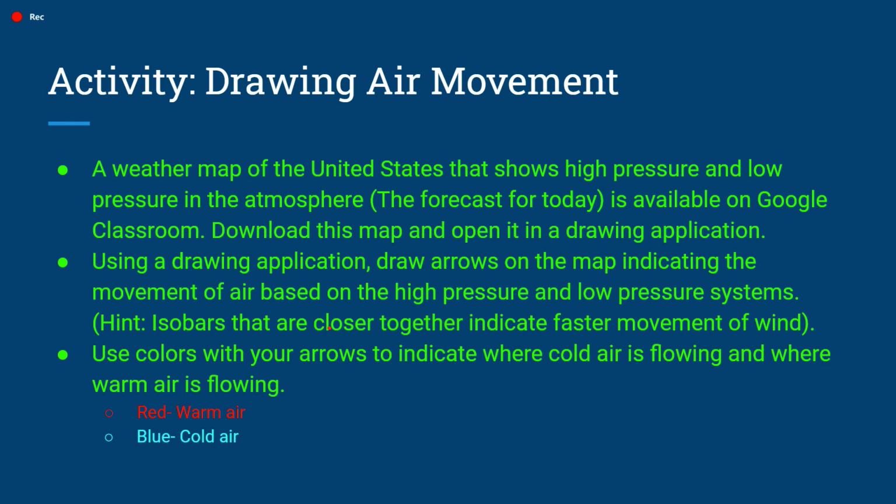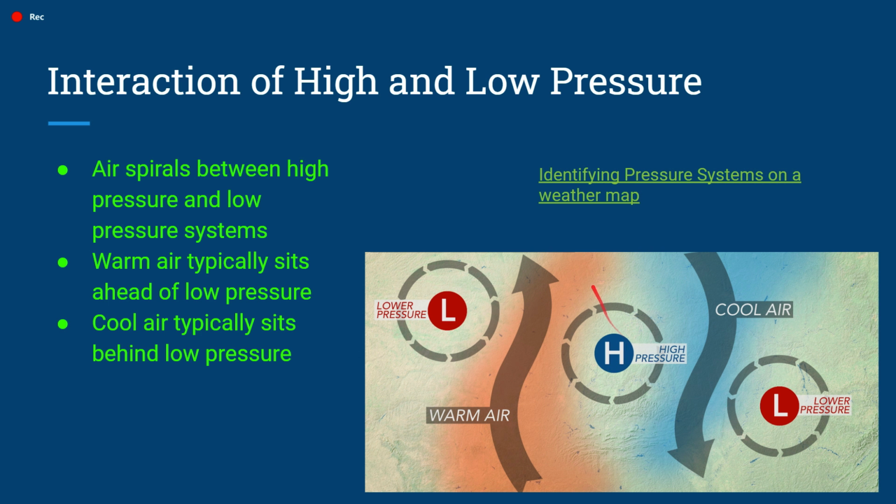But that's not it. I want you to try and use colors with your arrows to indicate where cold air is flowing and where warm air is flowing. Remember, we talked about how warm air flows in front of low pressure systems and behind high pressure systems, and how cool air typically sits behind low pressure.